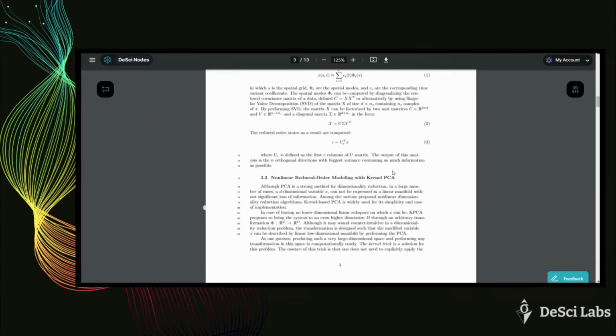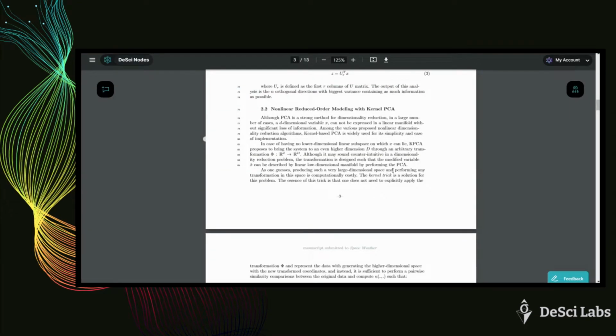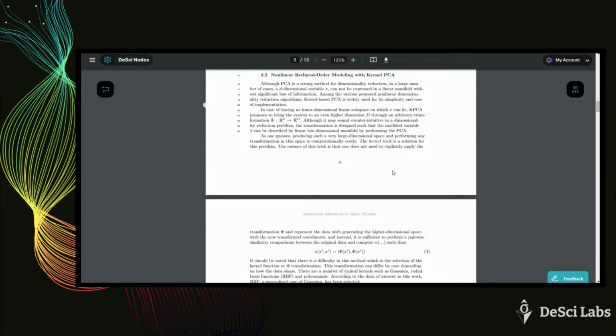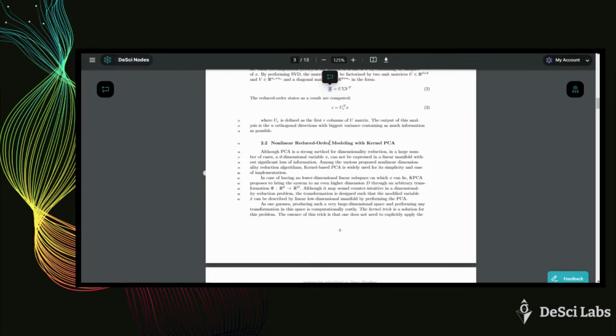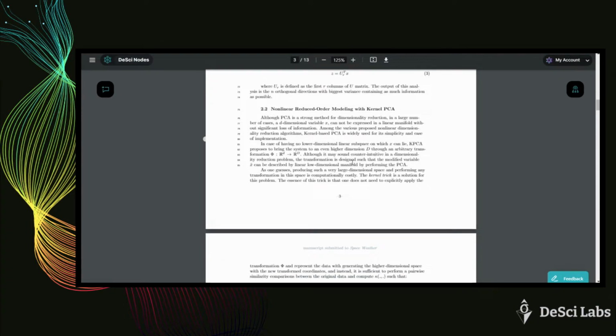The next method that we are talking about, which is the most important part of the paper, is the kernel PCA. So it's the same PCA, but it's based on kernel methods coming from machine learning. And what's the idea? The idea is that imagine this X that we just came up with is not capable of being decomposed completely.